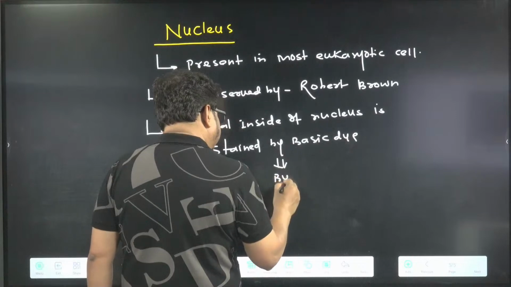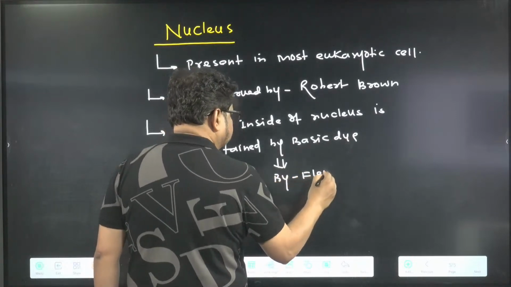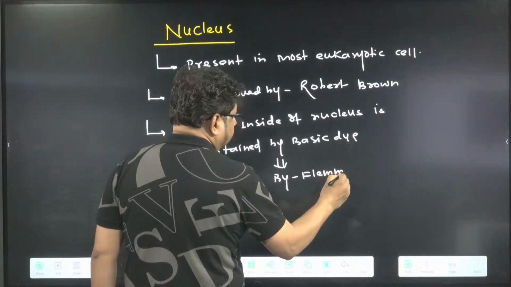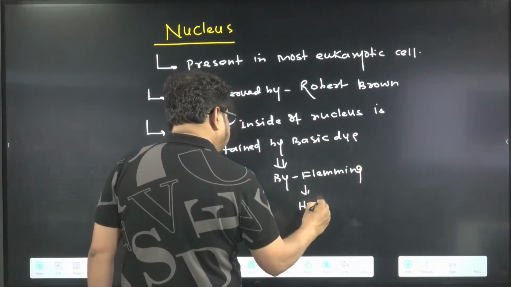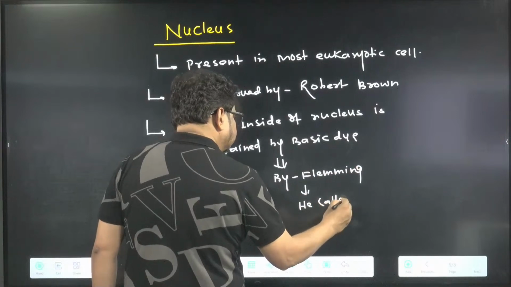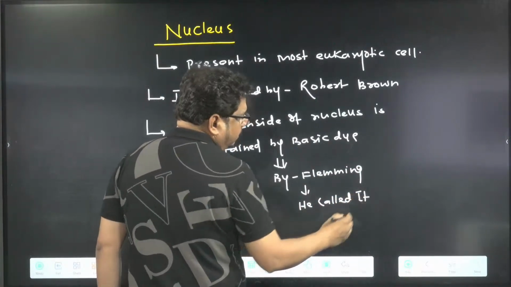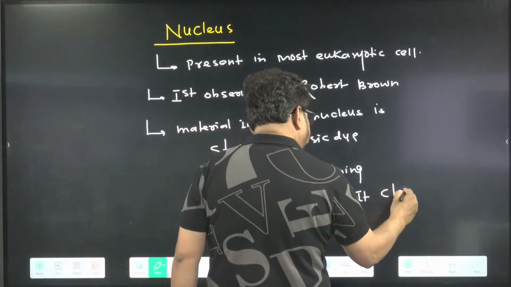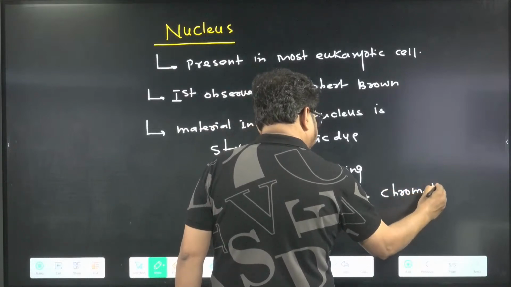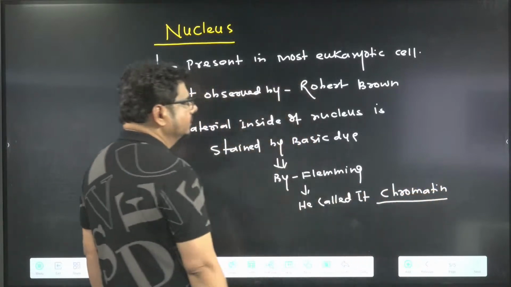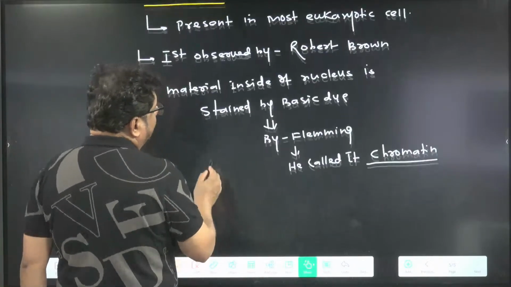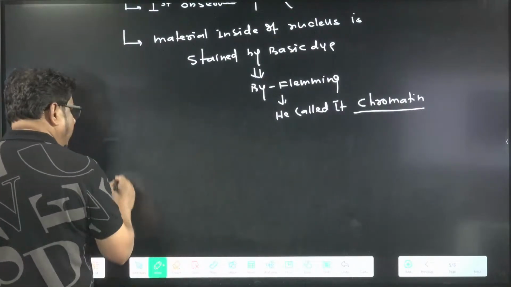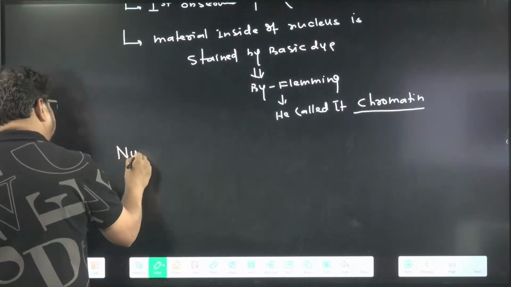By Fleming. And he called it chromatin. Got the idea? So now we are going to talk about the number of nuclei in a cell.